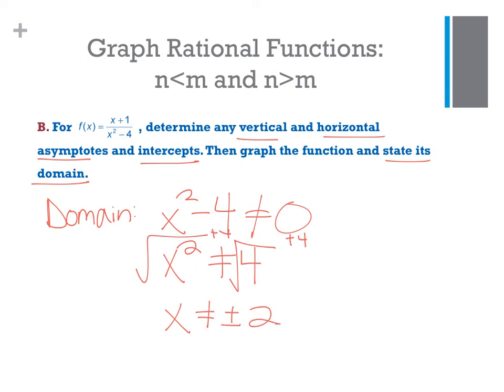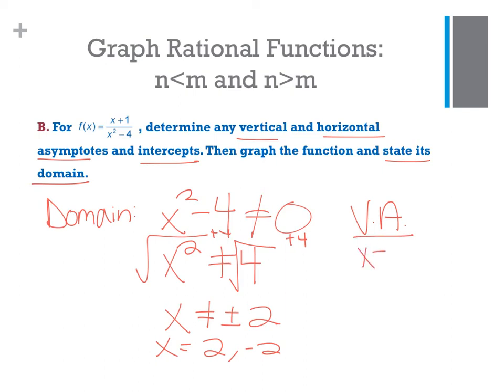So I have two different restrictions, one at positive 2 and one at negative 2. And the vertical asymptotes occur whenever our function divides by 0.